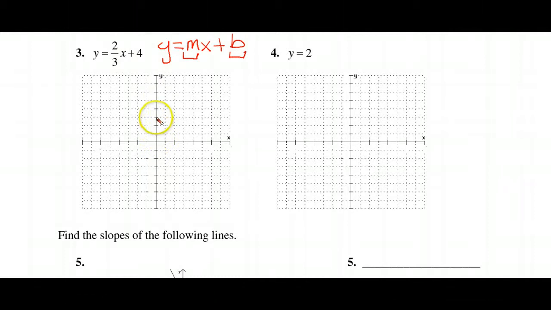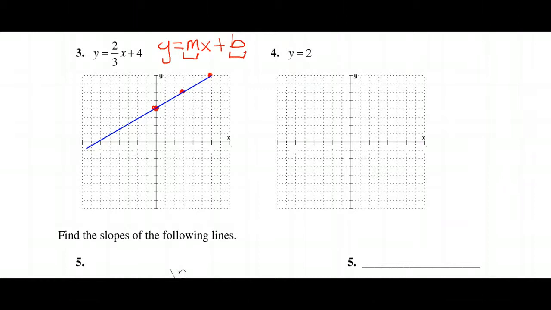So 1, 2, 3, 4, a dot right there. Our run is 3. It's positive, so 1, 2, 3, up 2. We're just getting a few more lines here so that we can sketch that right in there. All right, so again, it's easy if you have a technique to do it.